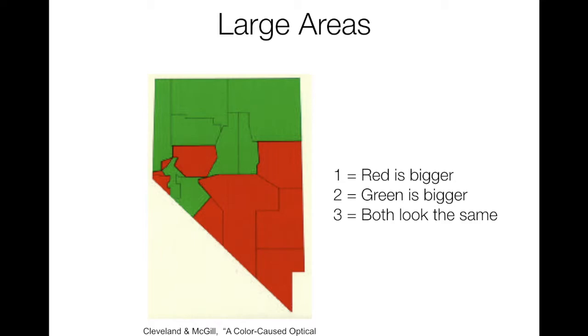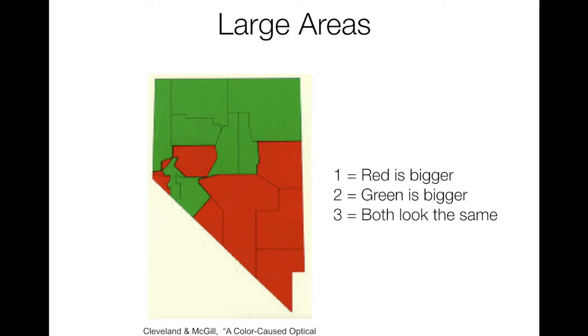Most people answer that the red area is bigger than the green area. This effect happens because, through the high saturation of the colors, red bleeds into the green area and gives us the perception of being bigger.